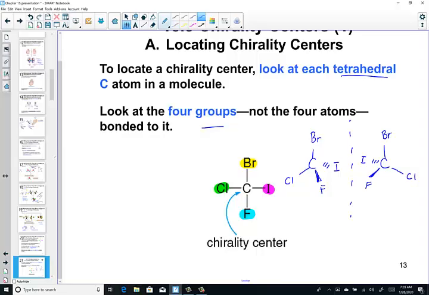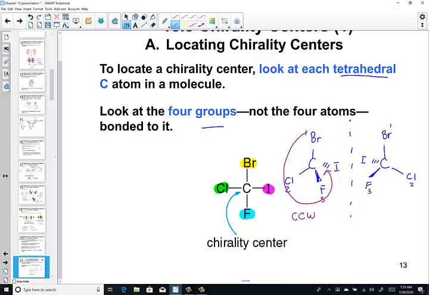The test of chirality: assign priorities. Let's just call bromine 1. I'll call chlorine 2. I'll call fluorine 3. And I'll just leave the iodine off. I only need to spin 3. When I connect in order of 1, 2, 3, this is spinning counterclockwise.